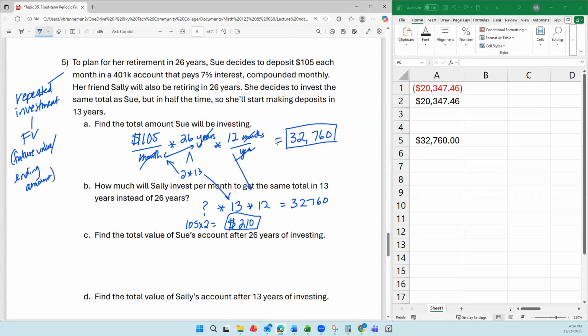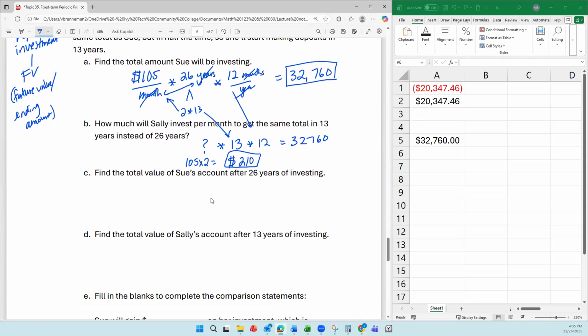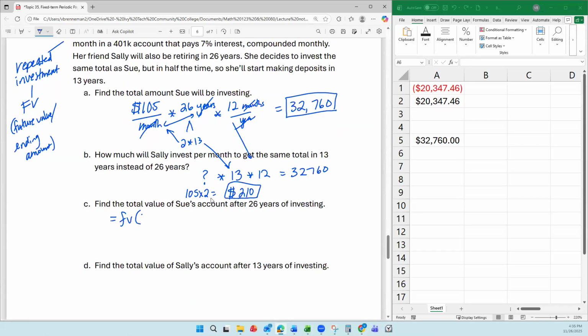So now we have Sue putting in 105 per month for 26 years, Sally putting in 210 a month for 13 years. And we're going to look at their totals. Sue's account after 26 years of investing equals FV of her 7% interest divided by 12 because she's putting in monthly, 12 months a year for 26 years, and she's putting in 105 per month.